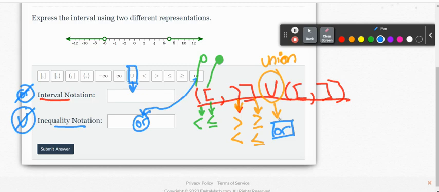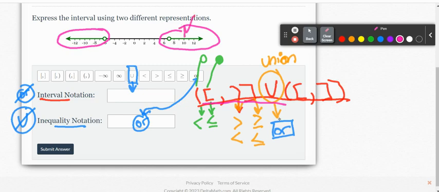So what we need to do now is to infer from what I just wrote how this is shaded, if you can't tell, shaded there in green, to the right of 7 and then to the left of -6. So our job is to write that in both forms. In interval notation, you should start at, it's always left to right with a comma in the middle and then brackets or parentheses.